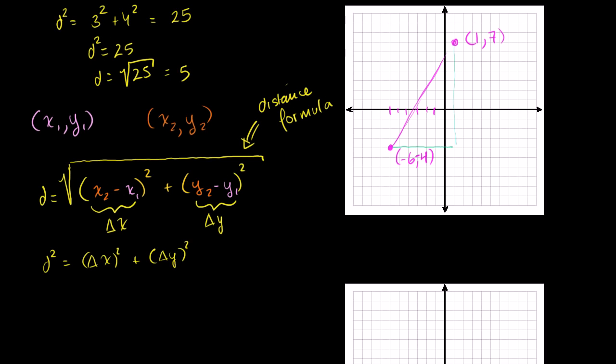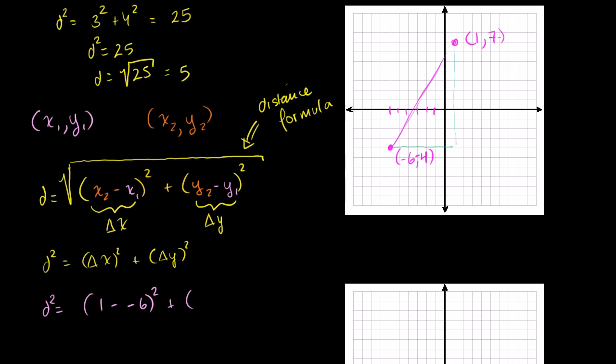So let's do it. Our change in x, it doesn't matter, but in general you want to take the larger x value minus the smaller x value, though you could do it either way. So we could write the distance squared is equal to, let's take the larger x minus the smaller x, 1 minus negative 6 squared, plus the change in y.